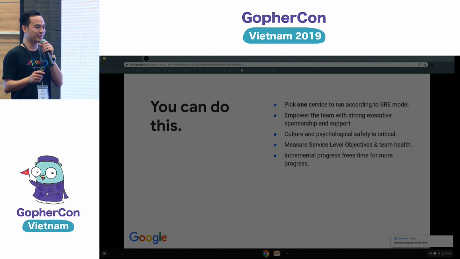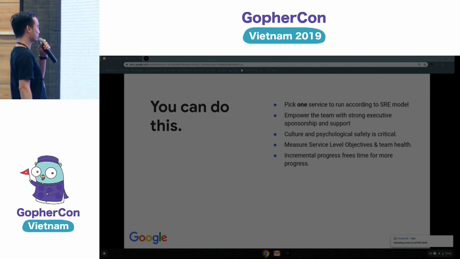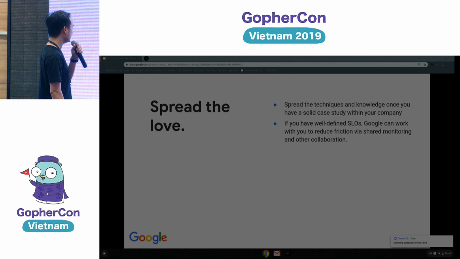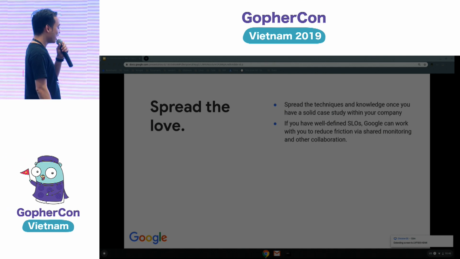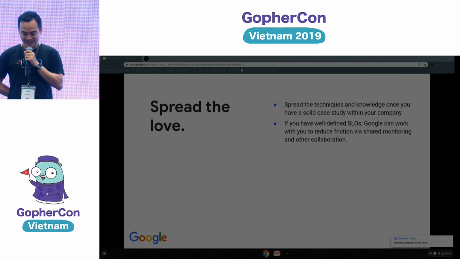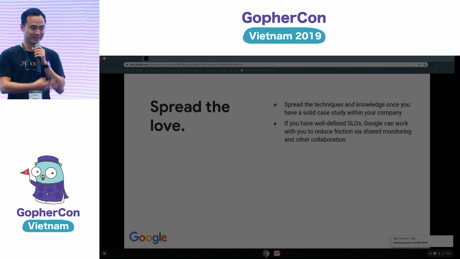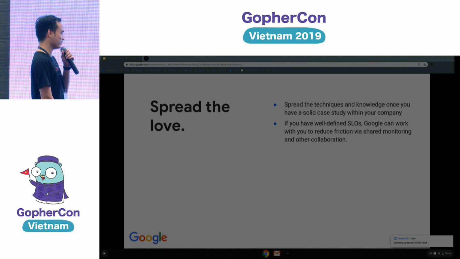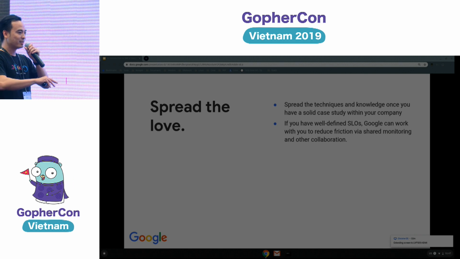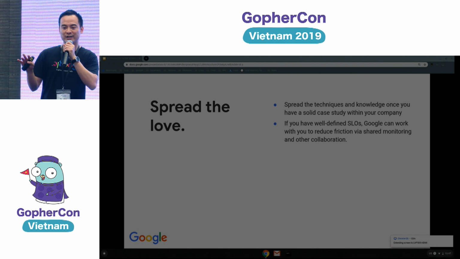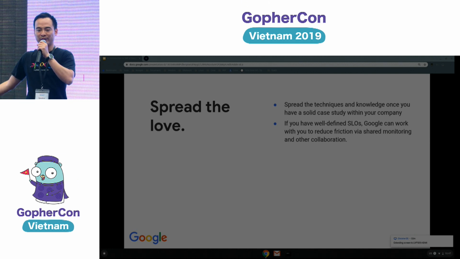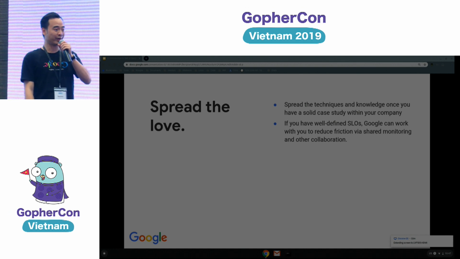So let's start with something simple first, like all of those bullet points. And once you're successful with that dogfood or experimental project, then it's time for you to spread the love to every other team in your organization.